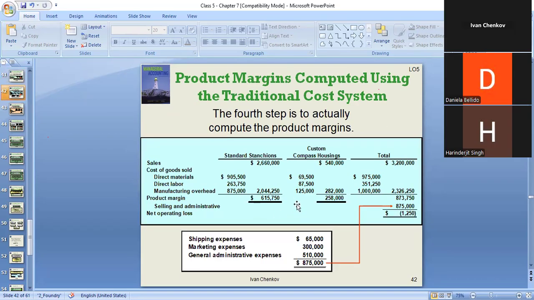Now, once we have this allocation, and when we run the product margin, as you can see, using the traditional system, the product margin for the standard sanction went down from 903,000 to 615. And the custom compass, from negative 49, now becomes positive 258. The company is still losing $1,250. But now those two divisions are showing different product margins.